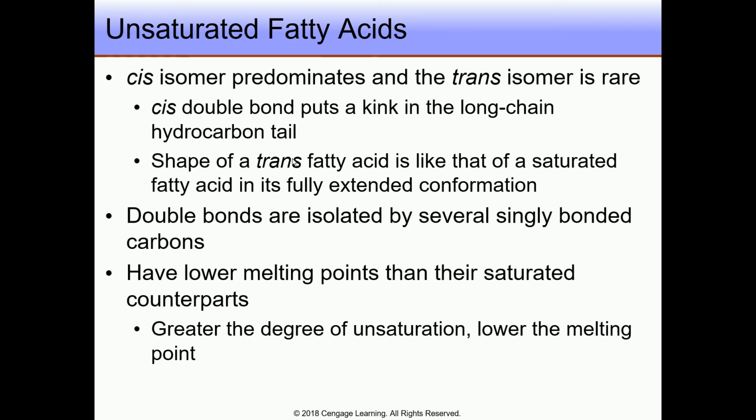Because of that, the shape of a trans fatty acid is like that of a saturated fatty acid. It's all because the trans isomer has the functional groups on the same side, so there is less bend, and the nature of the trans fatty acid is just like a saturated fatty acid.